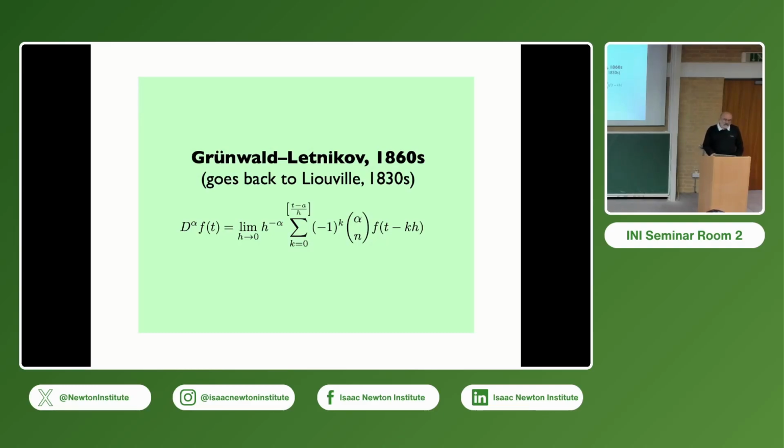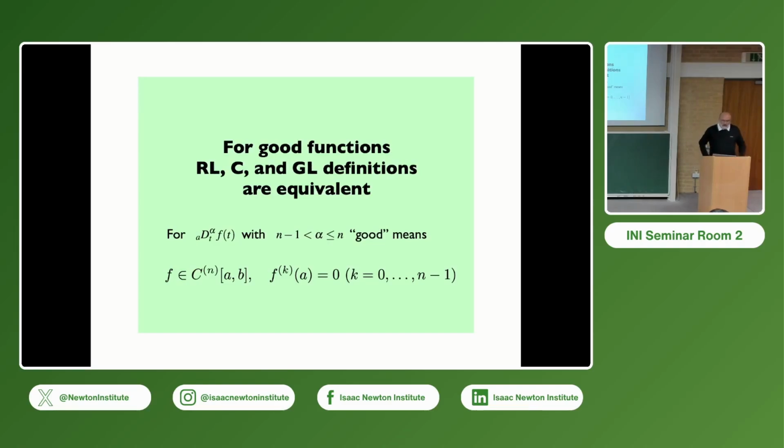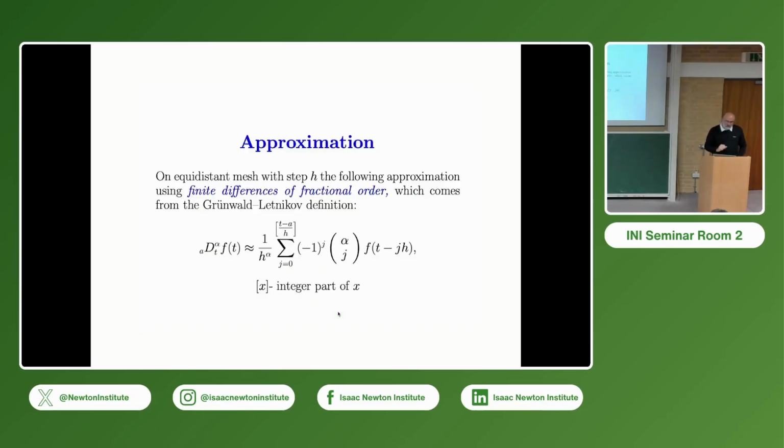Those definitions look different, but for good functions, they are equivalent. For functions that are sufficiently smooth and have a lot of zeros with their derivatives in the starting point. And very frequently, this Grünwald-Letnikov definition is used for numerical computations. If you omit the limit, you have an approximation in some sense.